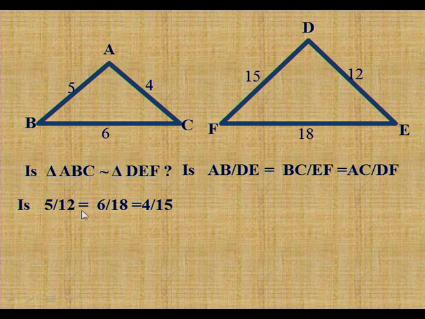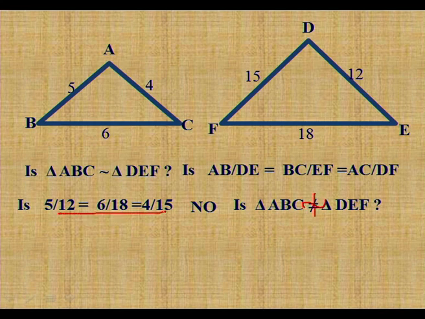This is 5 by 12 is equal to 6 by 18 is equal to 4 by 15. Is it proportional? No, it is wrong. They are not similar. Then how can we represent it properly? Is ABC similar to DEF? No, they are not similar to each other, because they are not proportional. Therefore, they are not similar.